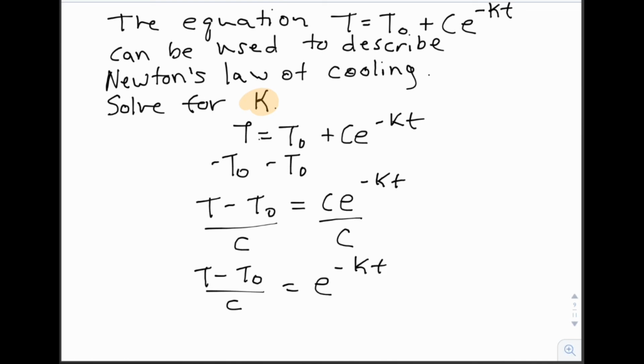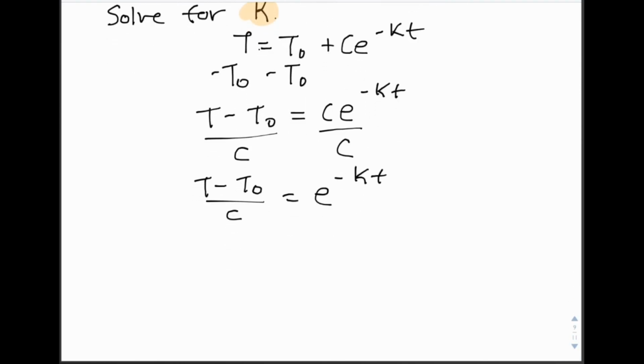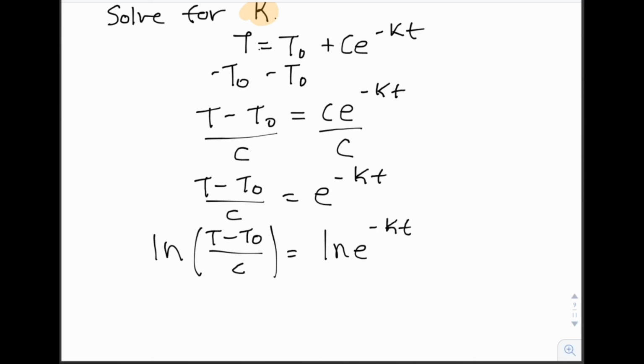Now we can take advantage of the property of logs and take the natural log of both sides. Taking the natural log of both sides, we get the natural log of T minus T naught divided by C is equal to the natural log of e to the negative kt. The reason we do this is because we want to get these exponents down out in front. So now that we have the logs, we can use our power property to bring those exponents out in front.